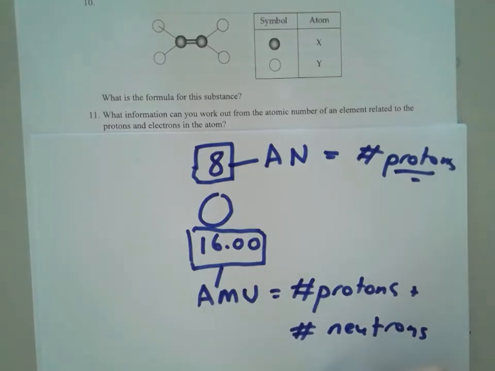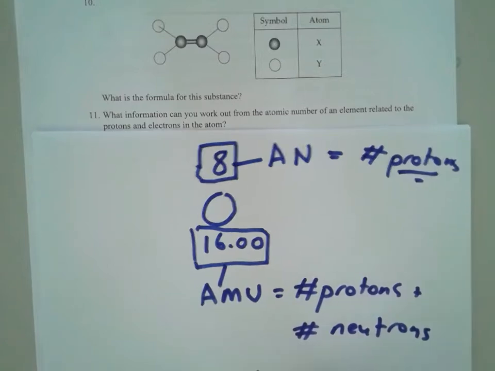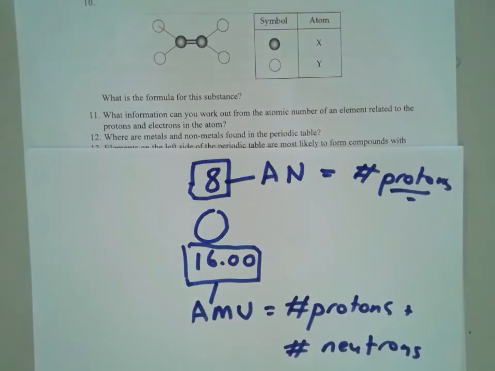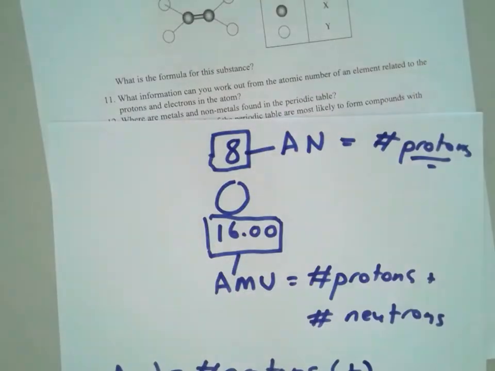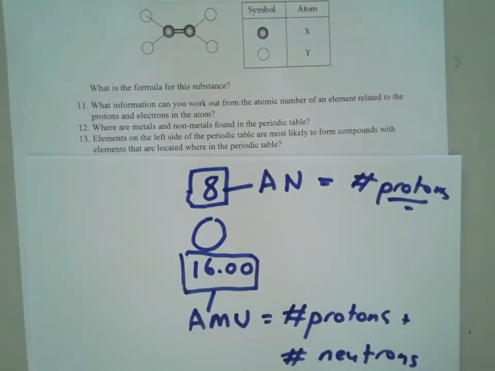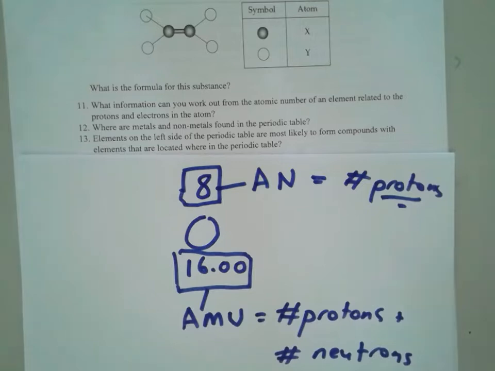So electrons, remember, we need to go back to the charge. Protons are always positively charged. Neutrons are neutral. And electrons are therefore negatively charged. Okay? Going back to the analogy I was using in my class when we first started this topic, anything that is positive needs to equal the number of negative charges in an atom.